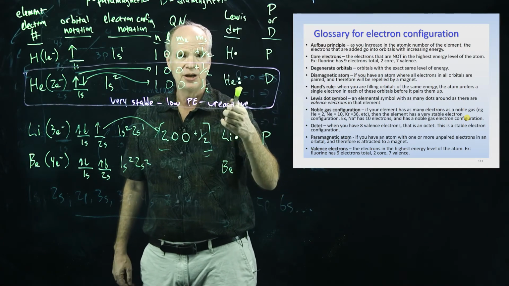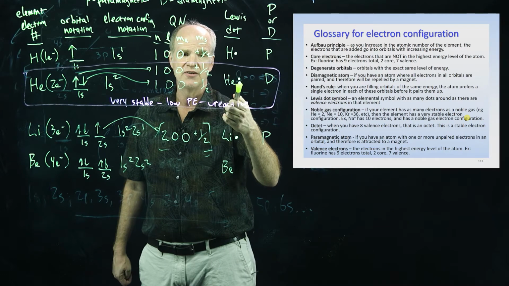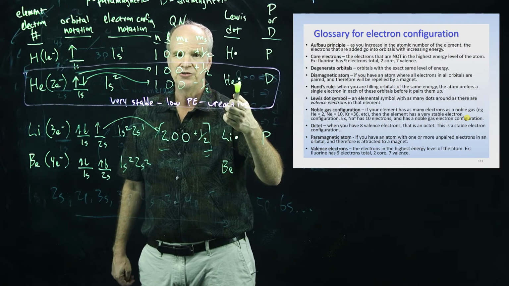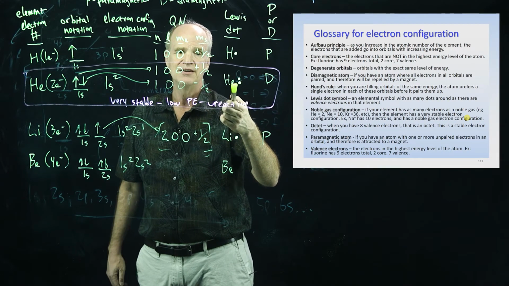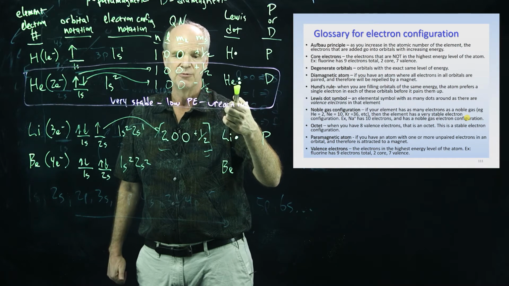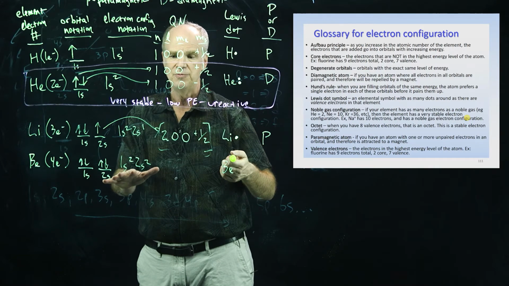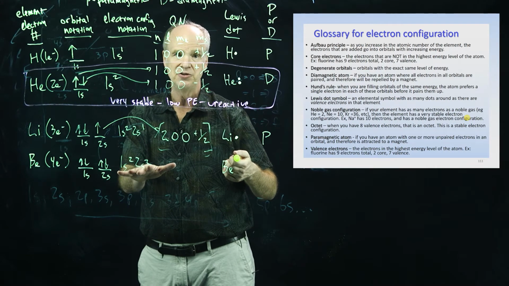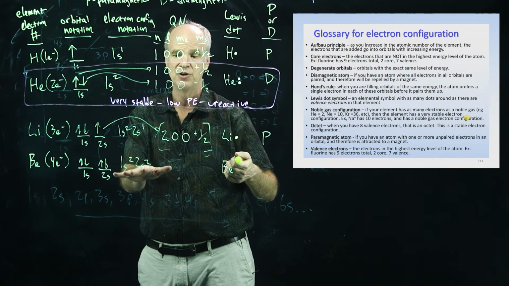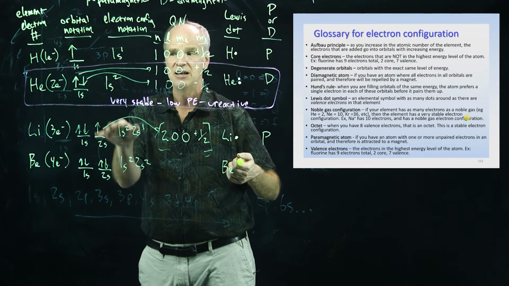Now with helium, there are 2 electrons in the highest energy level. I kind of put them together to remind myself that helium is a stable atom. But with beryllium, that is not quite the case because there are empty 2p orbitals here that are not filled. So this is not as stable as helium.